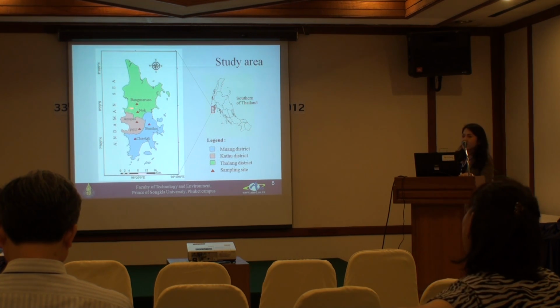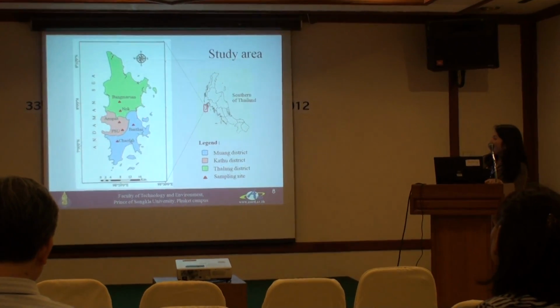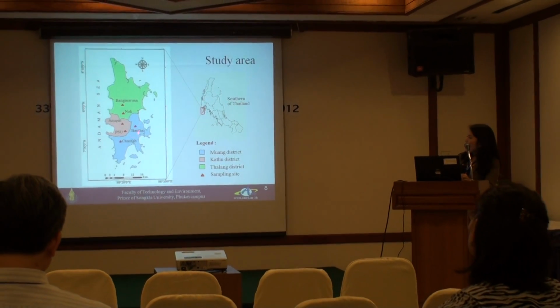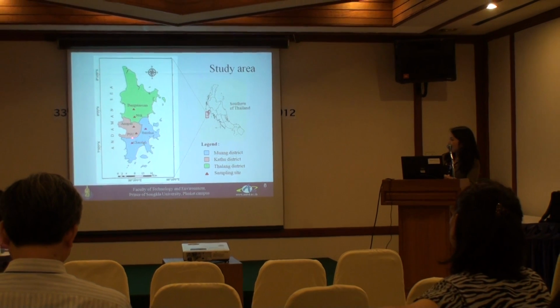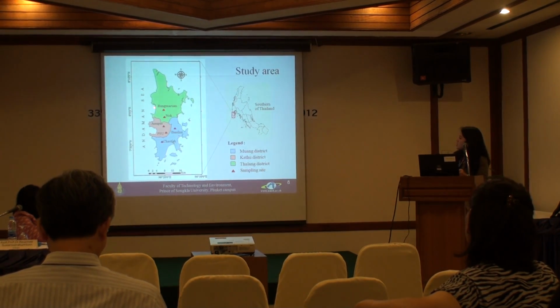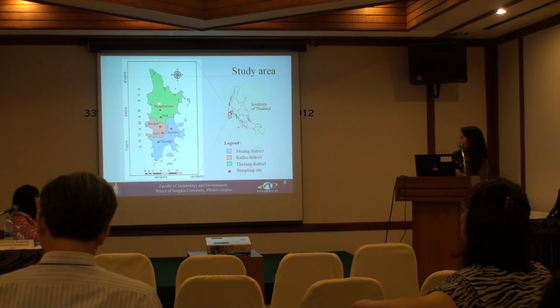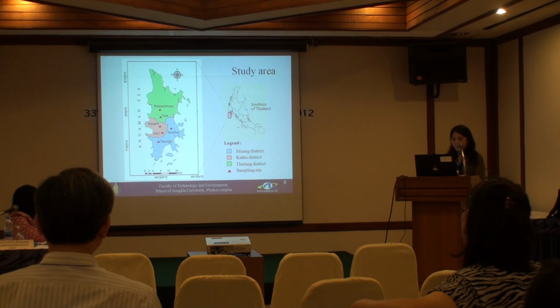The red triangle shows you a sampling site in 6 reservoirs in 3 districts of the study area. Okay. Bangmaruan Reservoir and Nok Reservoir are located in Talang district. Ban Thai and Chao Pha Reservoir are located in Mueang district, and Anupat and PSU Reservoir located in Katu district.